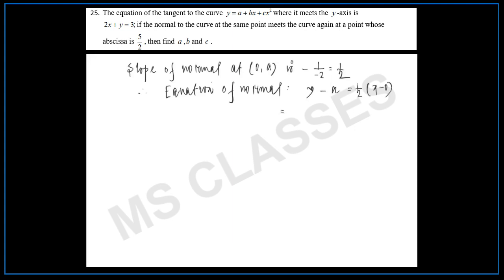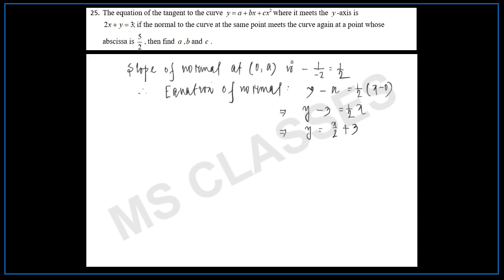Now we know the value of a, which is 3. So y minus 3 equals half of x is the equation of the normal. We can rewrite this as y equal to x by 2 plus 3. Now, this normal is meeting the curve again when the abscissa is 5 by 2.